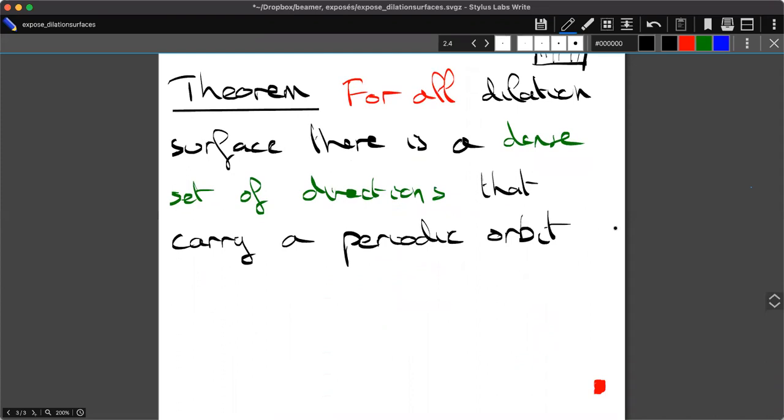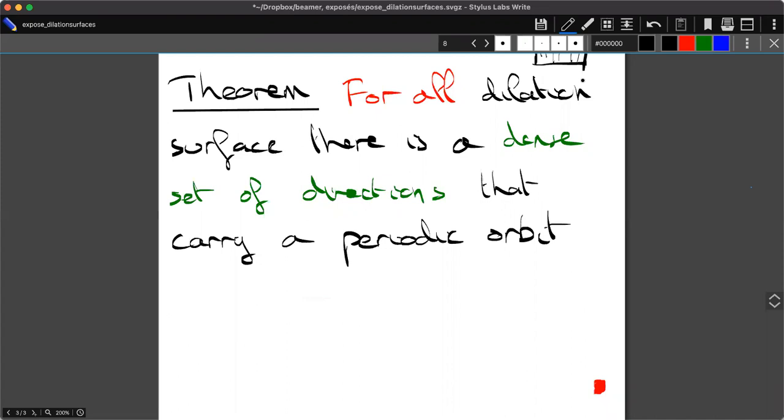Maybe I should have said something at this point on the work which was already known on dilation surfaces and affine interval exchanges. Before this, there is this very general theorem of Peixoto in the 60s, but which does not directly address the case of dilation surfaces. It is something more general, about foliations on surfaces, and it does not address the finitely many dimensional parameter space.